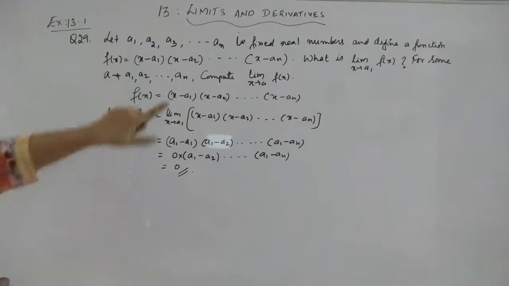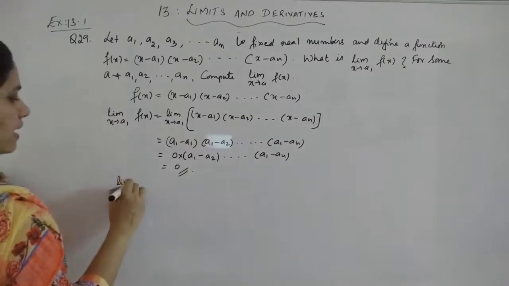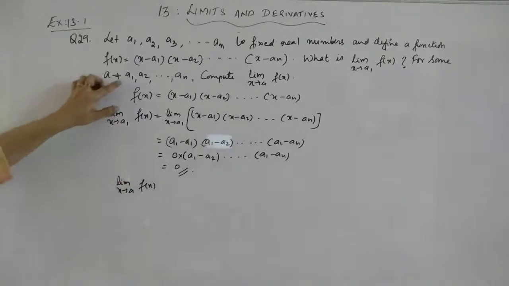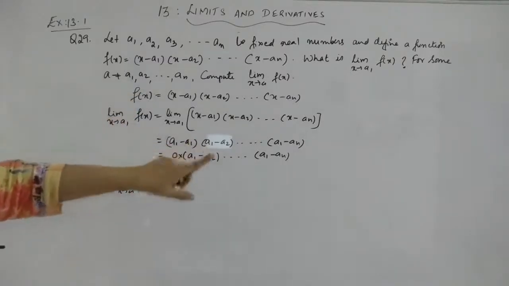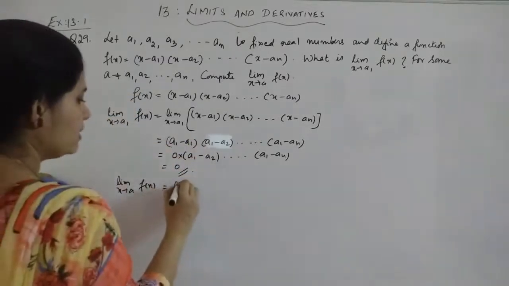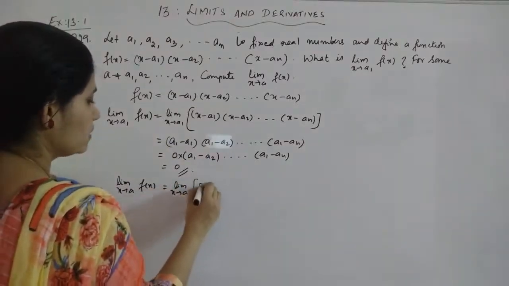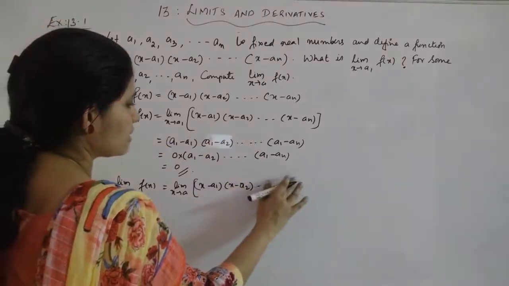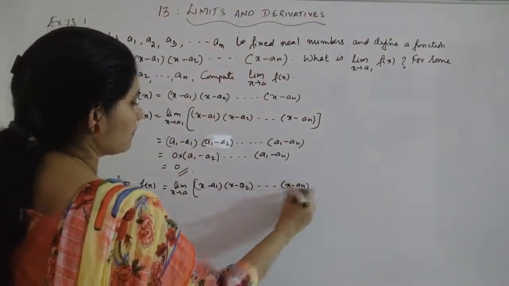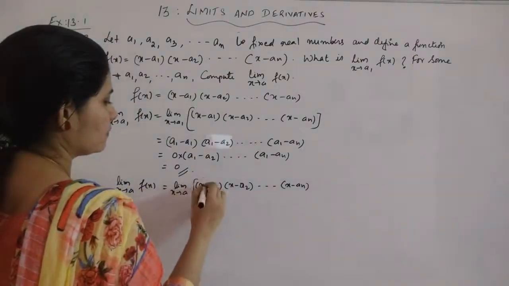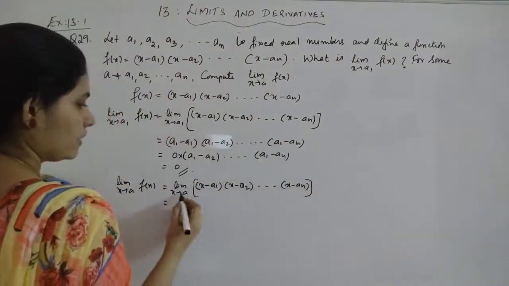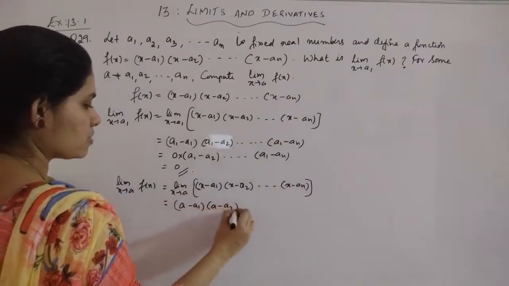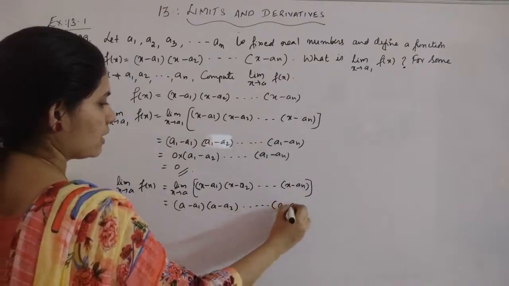Its value is 0. Now we will compute what is limit x tends to a f of x. And they have said that a is different from all these numbers a1, a2 etc. an. Now applying limit to the function x minus a1 into x minus a2 into etc. x minus an, replacing x with a, you will get a minus a1 into a minus a2 into etc. a minus an.